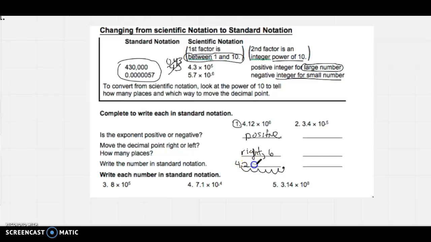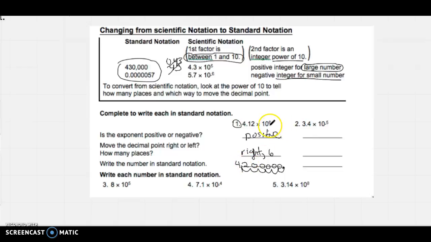And now this is my new number. I fill these in with zeros. 1, 2, 3. I'm going to put a comma there. 1, 2, 3, comma there. So this number, 4.2 times 10 to the 6, really equals 4,200,000.